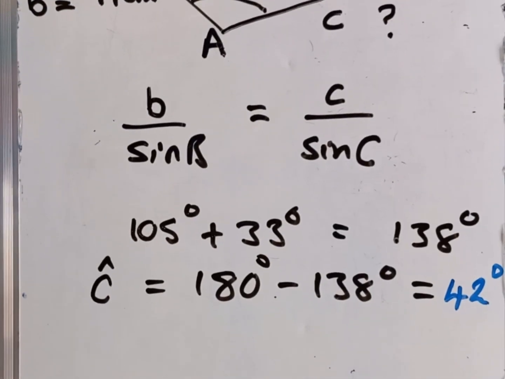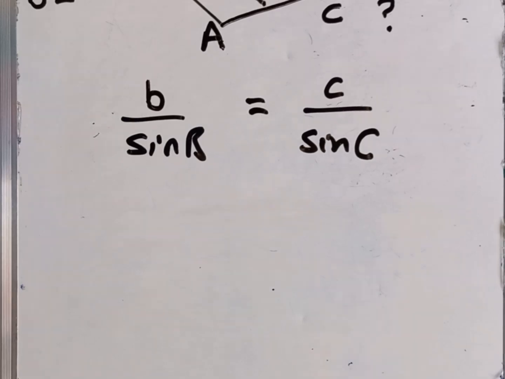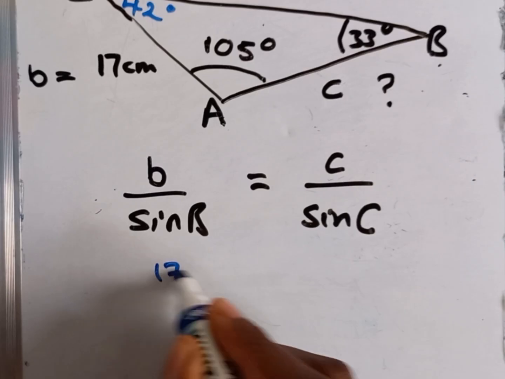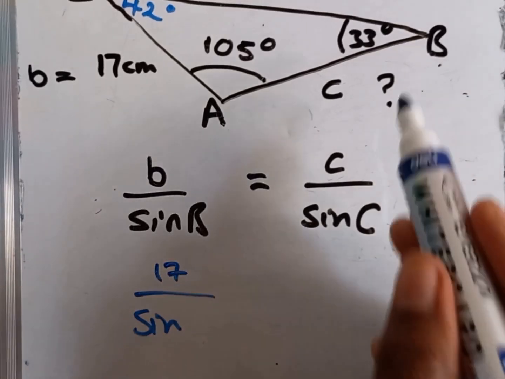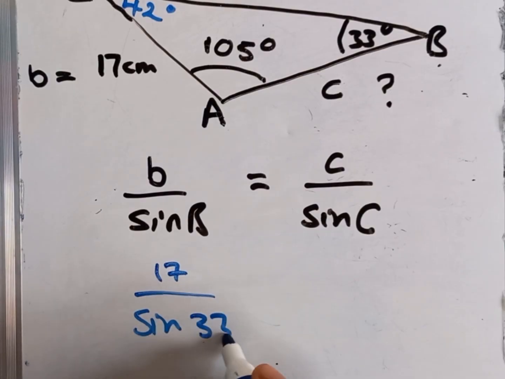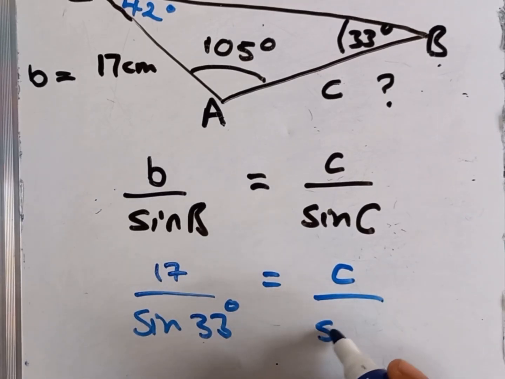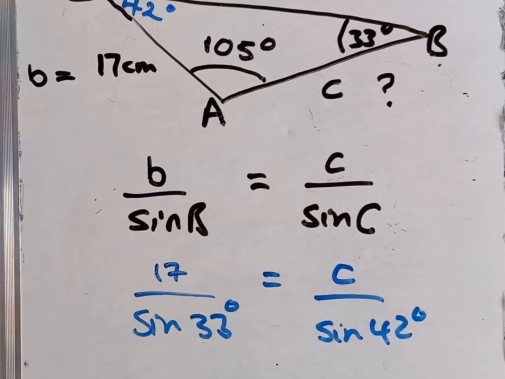So what are we going to do next? We come back to our formula: b over sine B is equal to c over sine C. So we plug in our values. From the diagram, our b is 17, over sine angle B, which is 33 degrees, equal to c, our unknown variable, over sine 42 degrees. Now we make c the subject of the formula because we want to find the value of c.